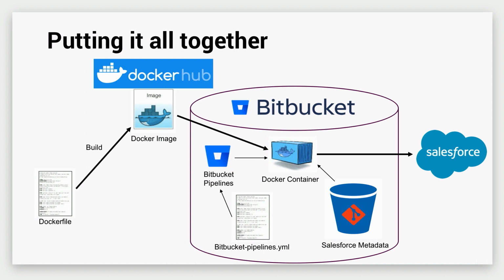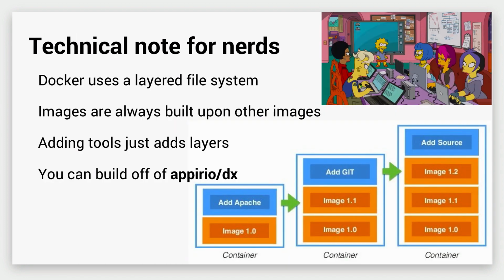And it says, oh yeah, go use that AppirioDX Docker image. It goes and gets it from DockerHub, creates a new Docker container from that, pulls your Salesforce metadata in, and then deploys that to Salesforce. This is all you need as a CI/CD system for your company. That's the basics, the basic architecture there.